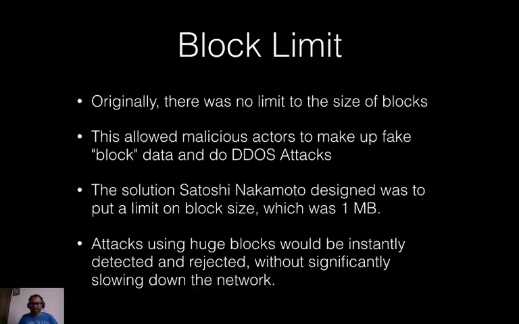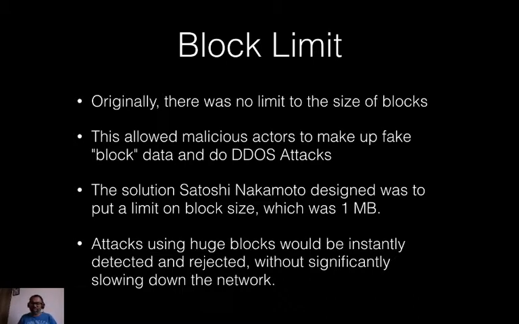rejected. And with a 1 MB size, the clogging of the Bitcoin network will also not happen. You have to understand that these transactions and blocks are sent across all the nodes within the network, so it is always better to have a smaller block than a bigger one, and that's how the approach was drawn at that point of time.